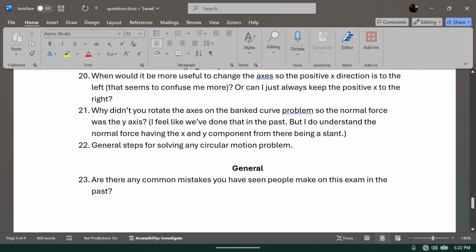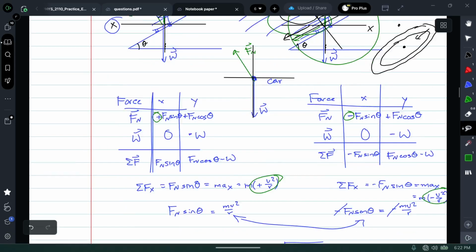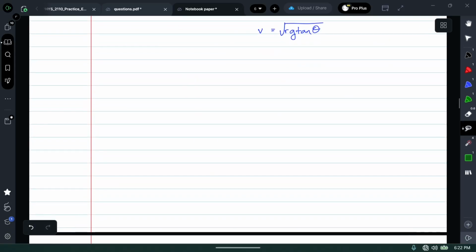General steps for solving any circular motion problem. Your steps are: do the usual Newton's laws stuff.